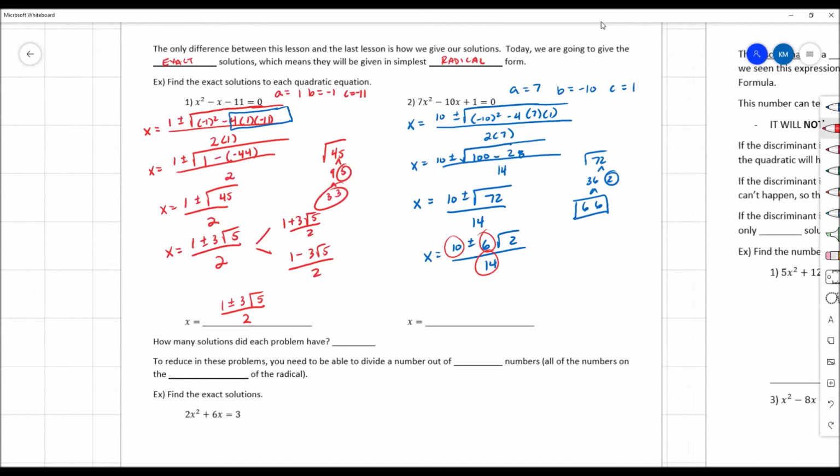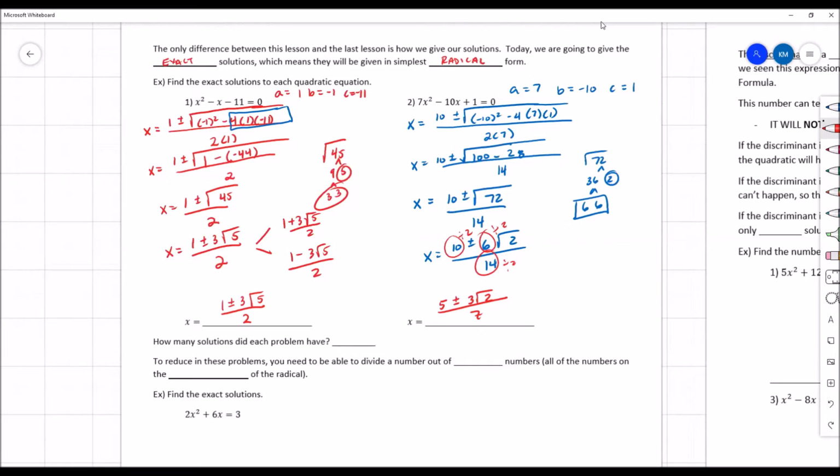Here, the numbers on the outside, 10, 6, 14, are all even. I can factor 2 out, and I'm left with 5 plus or minus 3 radical 2 over 7. That's because 2 goes into all of these. And that's our answer.